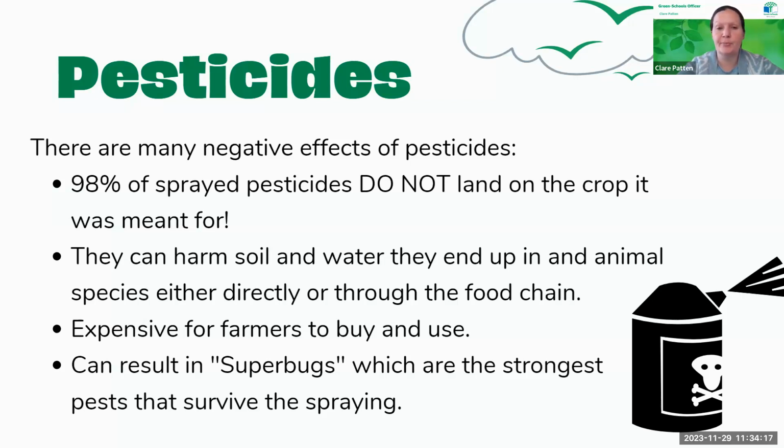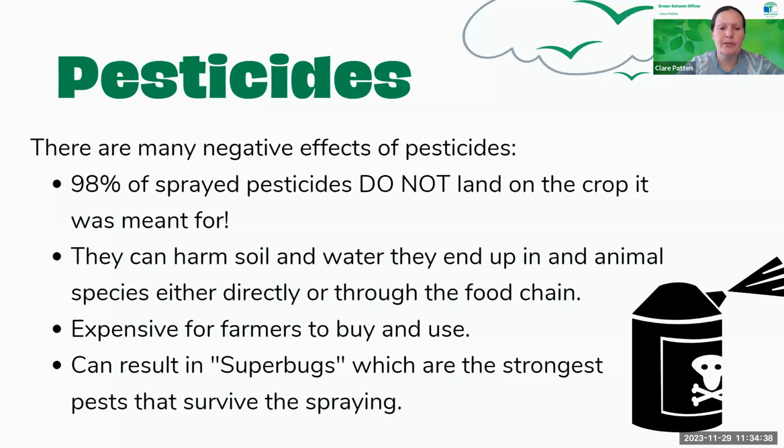A lot of it ends up going into the soil, into the water, landing on other positive insects. So they can affect the bees that are pollinating them that the farmers aren't trying to stop, and they can get into the food chain. And they're also, as I said, expensive for farmers to buy and to use.